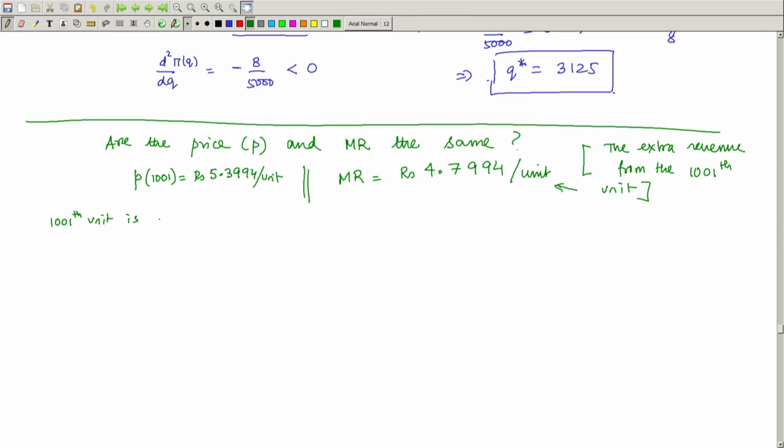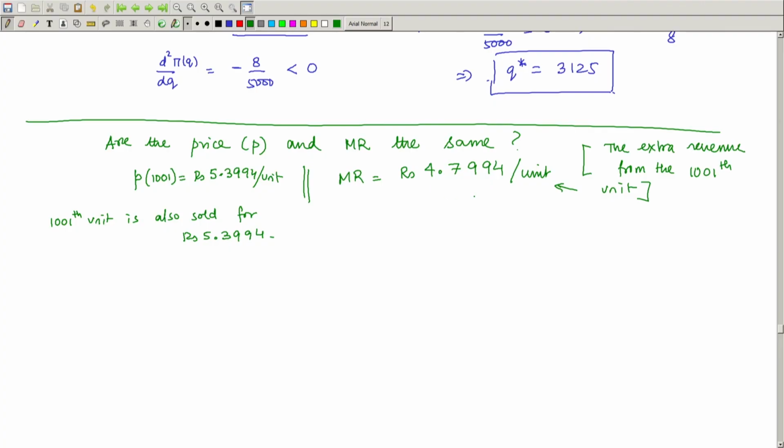So, it seems that the 1001th unit in particular is also sold for rupees 5.3994, isn't it? Because for every one of the units from the first unit till the 1001th unit, the firm is charging 5.3994 per unit. So, when I am selling the 1001th CD or the 1001th pen, the buyer is paying 5.3994.